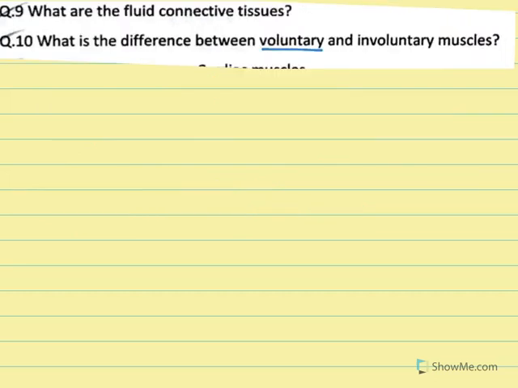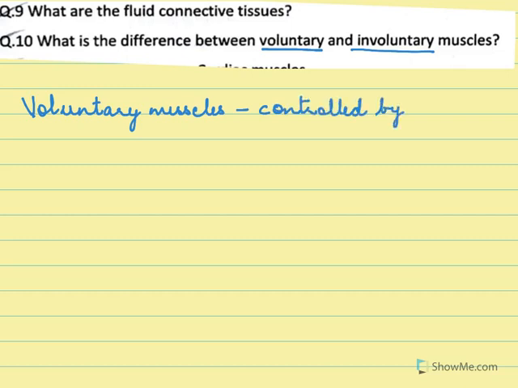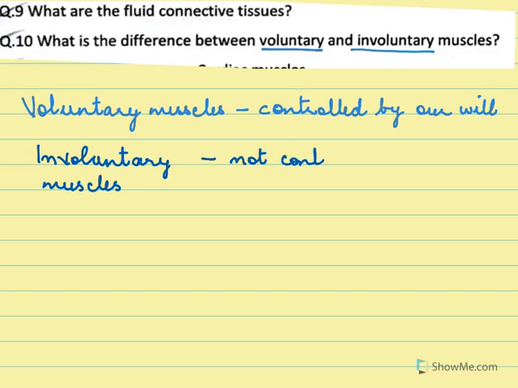What is the difference between voluntary and involuntary muscles? The main difference is from the name. Voluntary muscles are muscles that are controlled by our will, and involuntary muscles are muscles that are not controlled by our will.